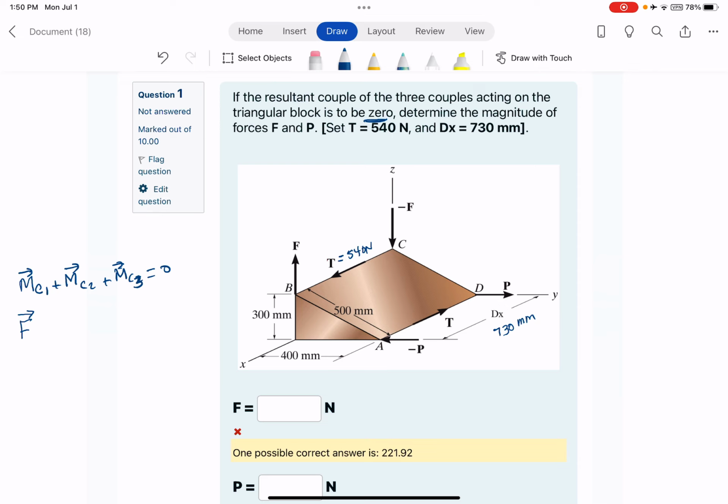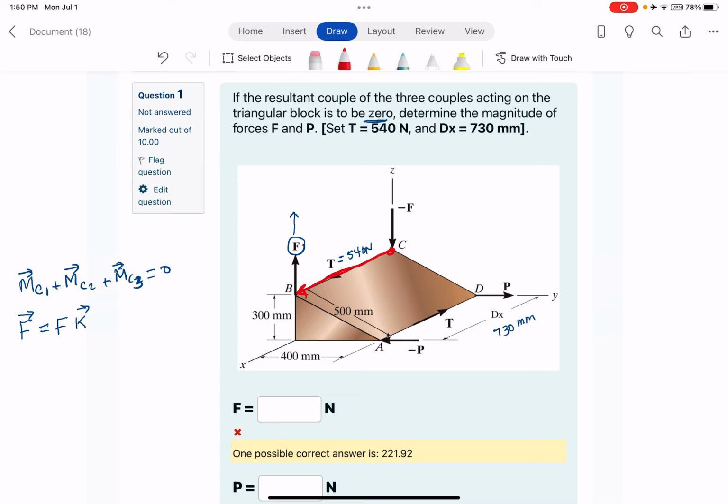You can see that this force is going in the positive Z. So this is equal to F in the positive Z, so I'm going to keep it like that. Now, for the determinant, I need to find out the position vector. Since this is going in the positive Z, I'll go from the other force, which is opposite in direction, toward the force that I'm going to take the calculation at.